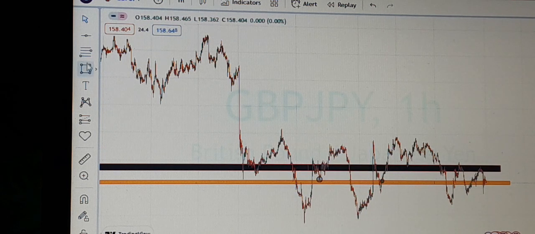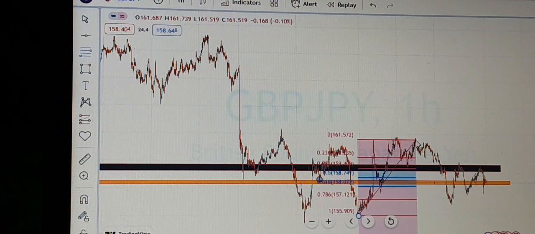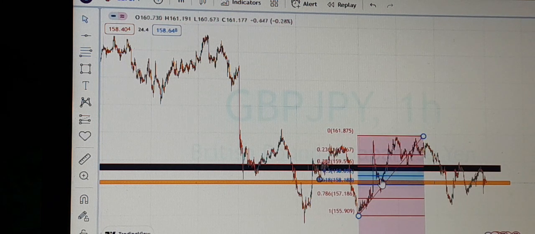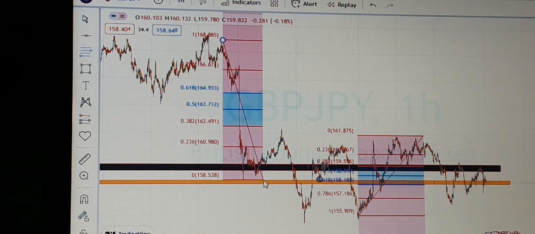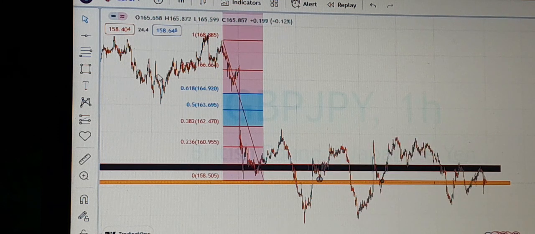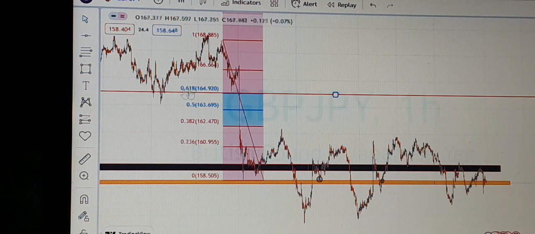Can also plot another zone by taking my Fibonacci, the lowest point, my highest point right there, and you find that this 30 minutes zone is overlapping with the 1 hour zone. Can also take a Fibonacci from this highest point to this lowest point here, and find another zone right there and another zone right here.